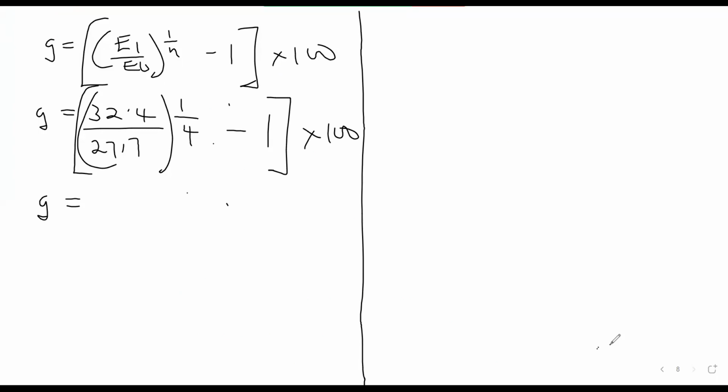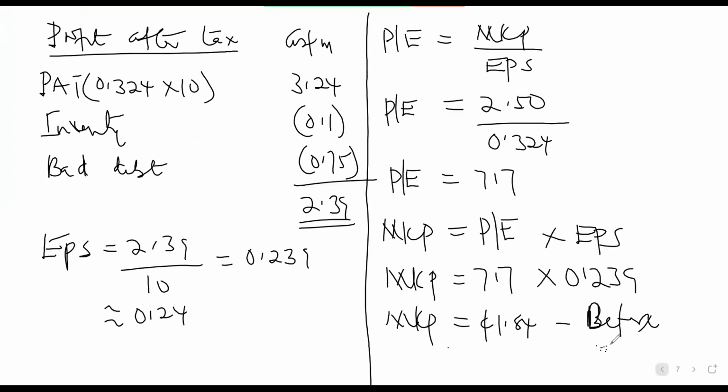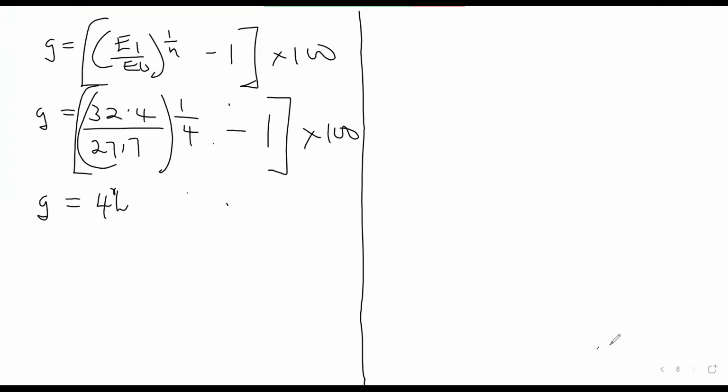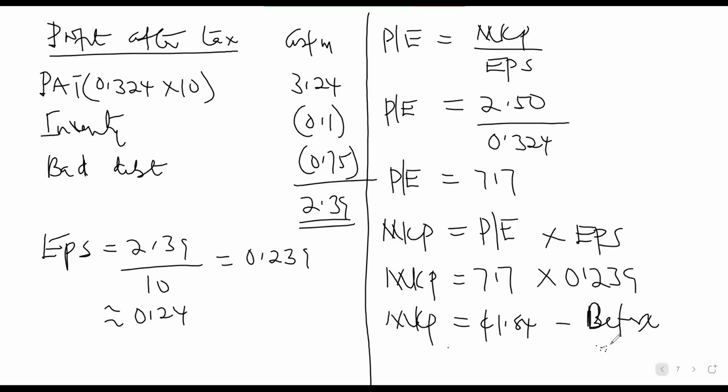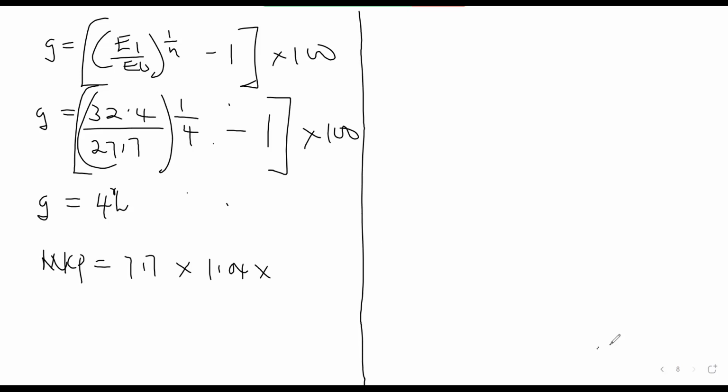Getting 4%. So what you do now for the after is that your market value per share will be 7.7. Then you multiply your earnings by the 4%. You now adjust your earnings over here by the 4% growth. You assume that it will grow in the next year, so you adjust it by the growth of 0.239.